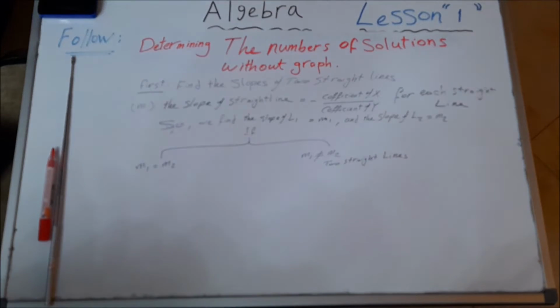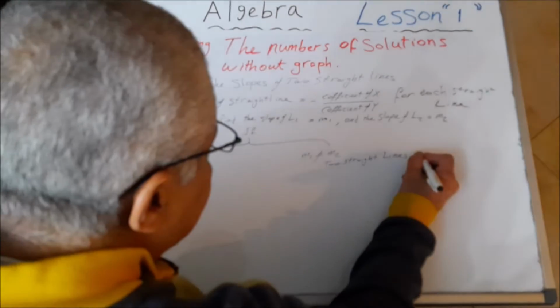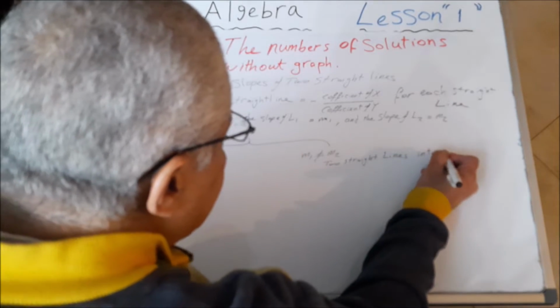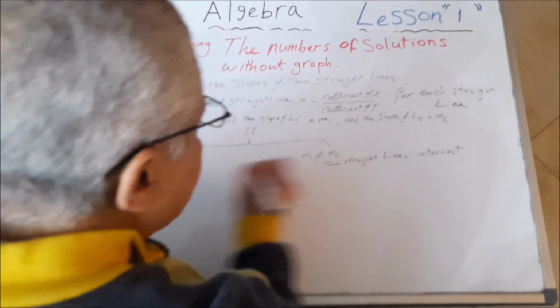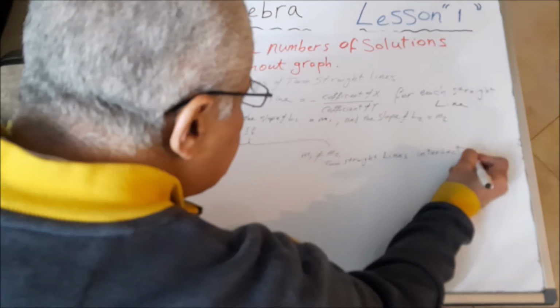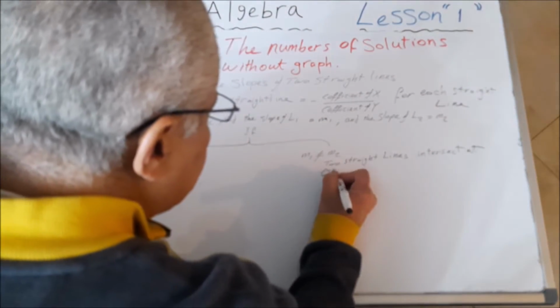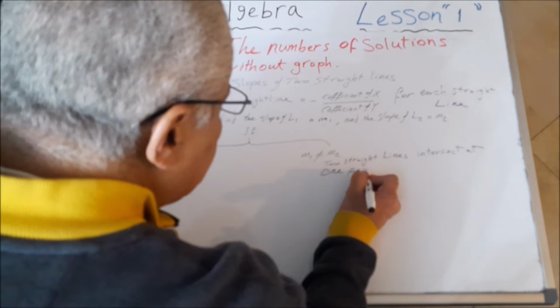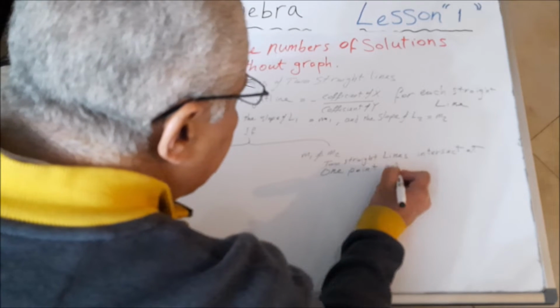مالهم يا جماعه؟ two straight lines في الحاله دي مالهم؟ intersect at one point and a number of solution.